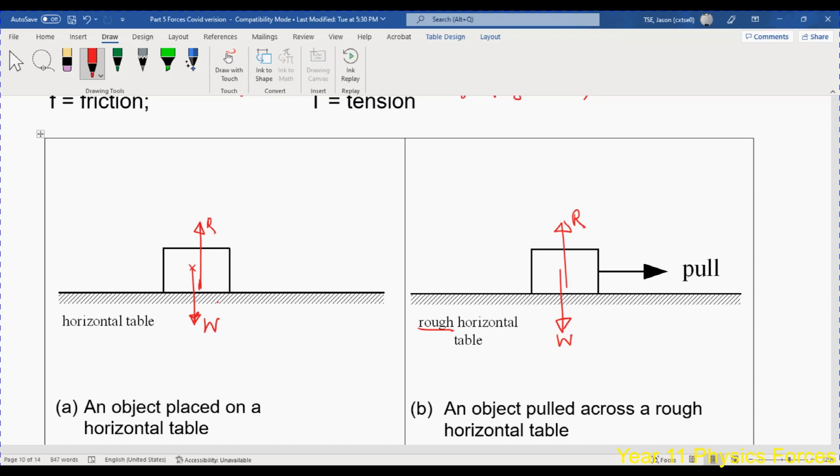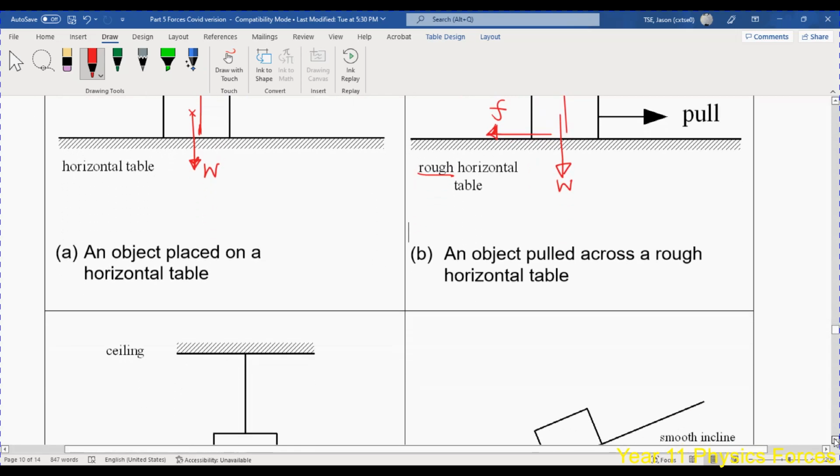But apart from those forces, it's moving on the surface, so there's relative motion between the block and the horizontal surface. So draw the friction here. The friction must be drawn on the object, not on the surface, because the force is acting on the object.